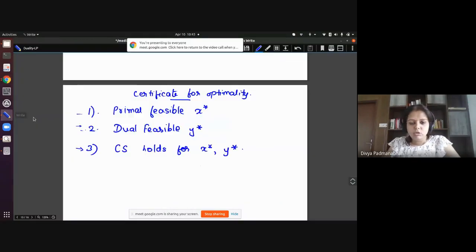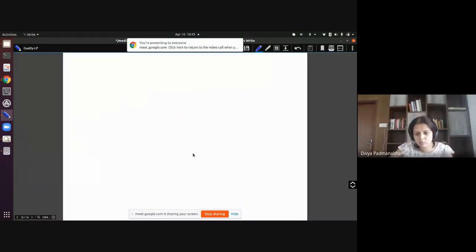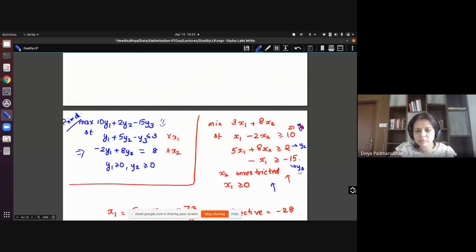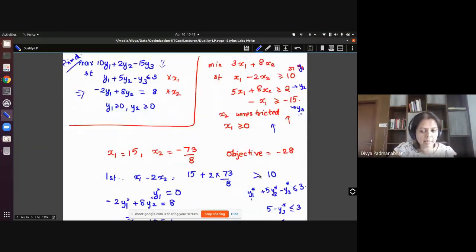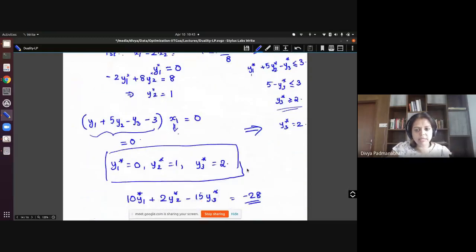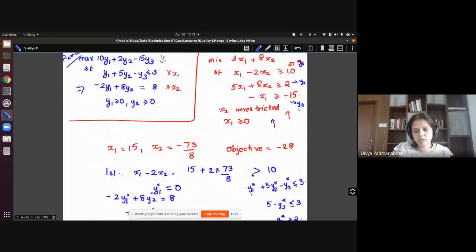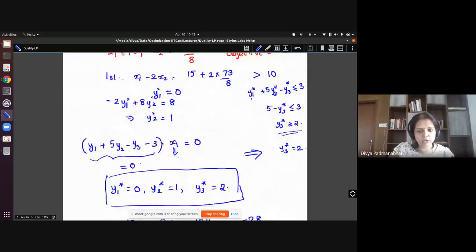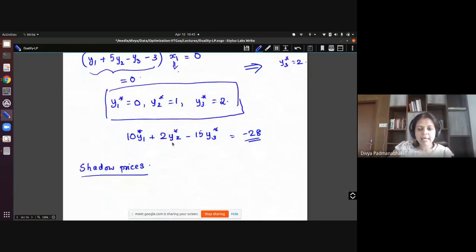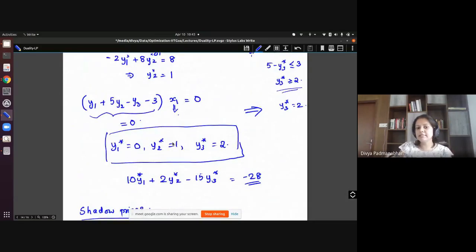Cool. With this done, where we stopped last class was that I did this example, where we got the primal solution using the dual optimum values. And I was trying to hint at the intuition of these dual variables themselves.